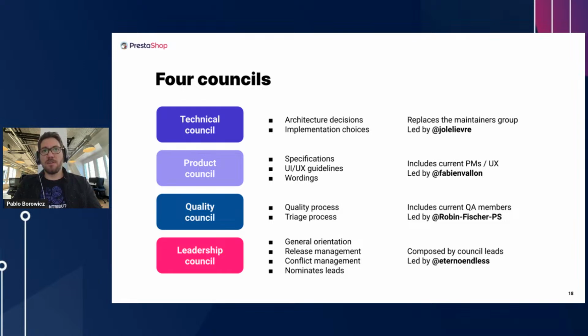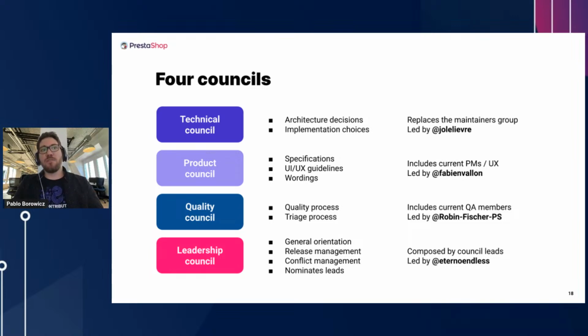The product council takes over the group of product managers and similar activities that were currently working on specifications, UI, UX guidelines, wording, etc. It will include initially the current product managers, UX designers, wording managers, so the people currently doing it, and it will be led by Fabien Vallon, who is a lead product manager at PrestaShop.